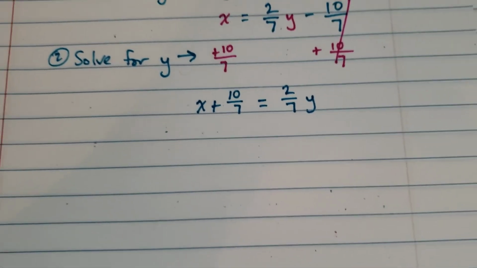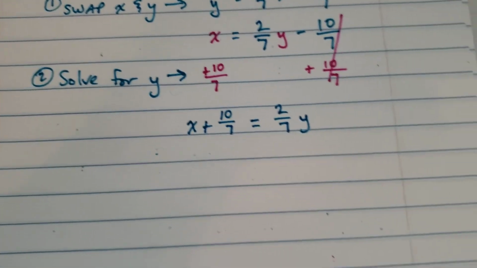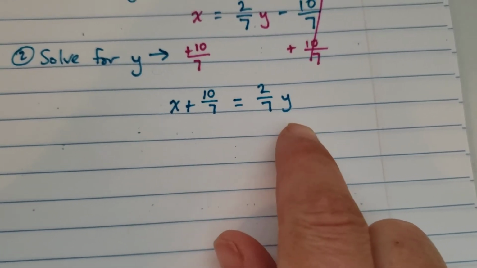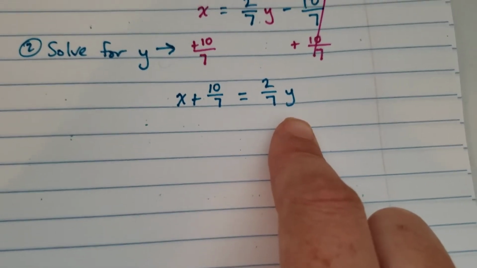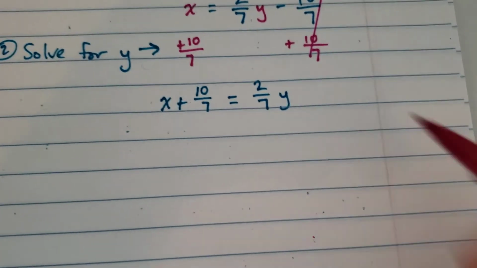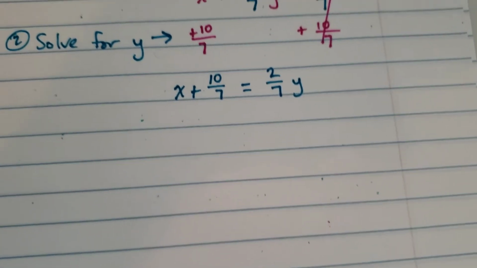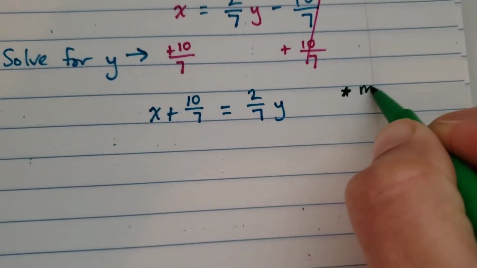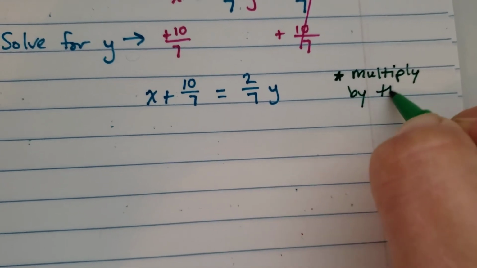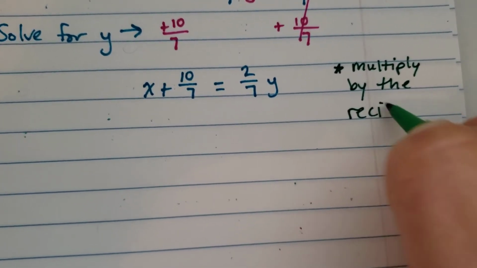Okay, now with fractions, remember this is the same as I'm multiplying right here, so we would want to say, okay, if I divide by 2 over 7 to both sides, then that's going to get rid of this guy. But when you've got fractions, it's easier to, let me make a note of this, multiply by the reciprocal.